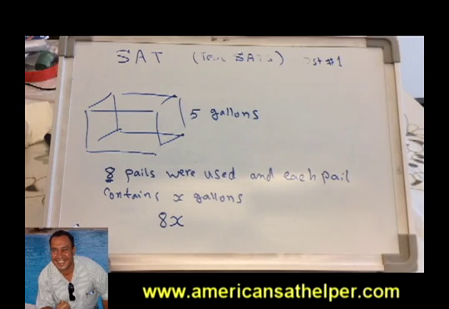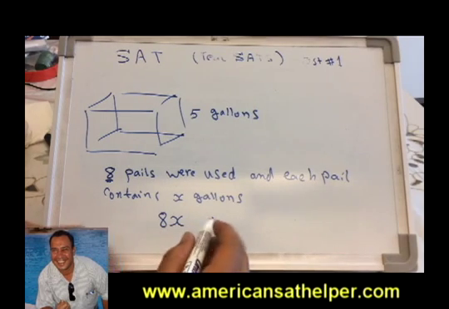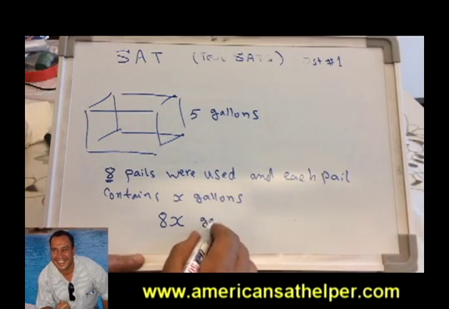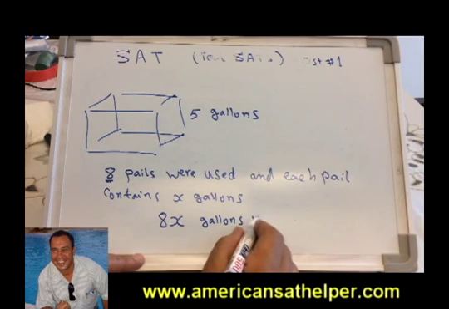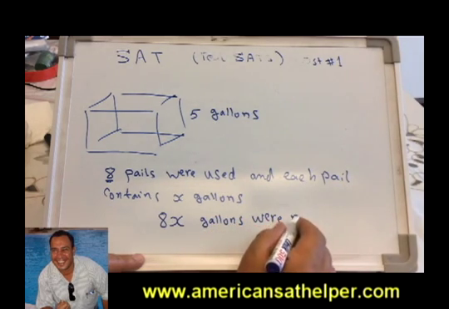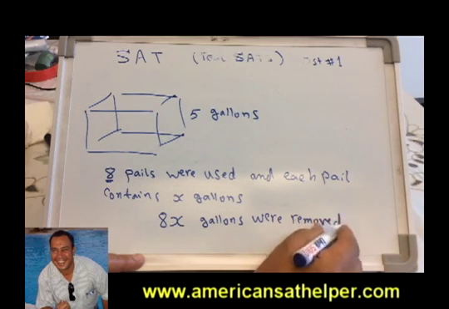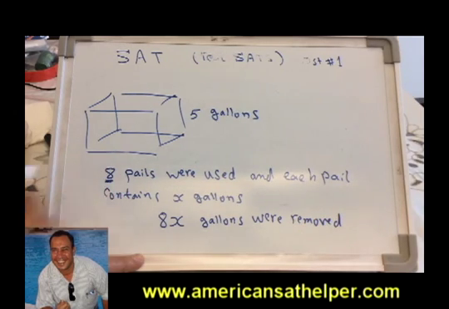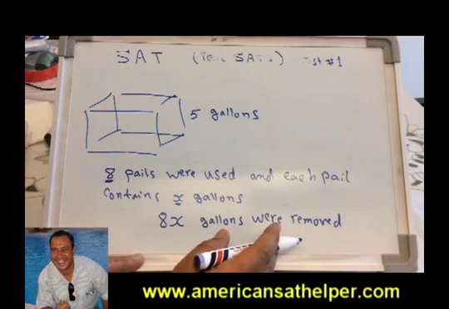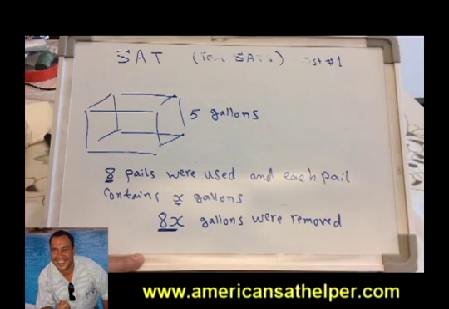So this means that 8x gallons were removed from the figure. The figure says that 8 pails were used, and each pail contains X gallons. So the amount removed is 8x.